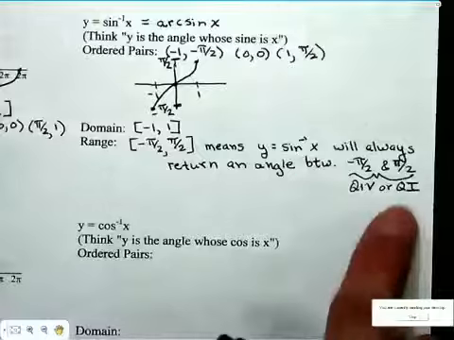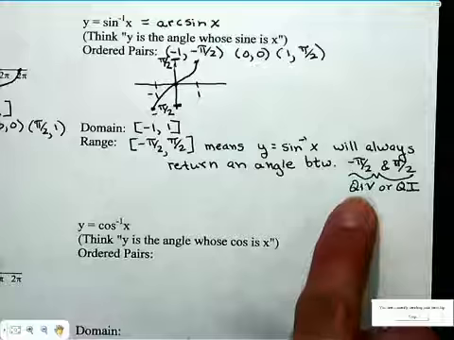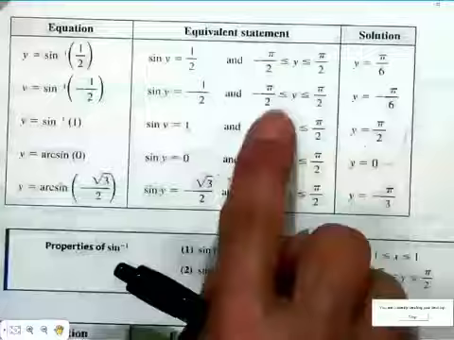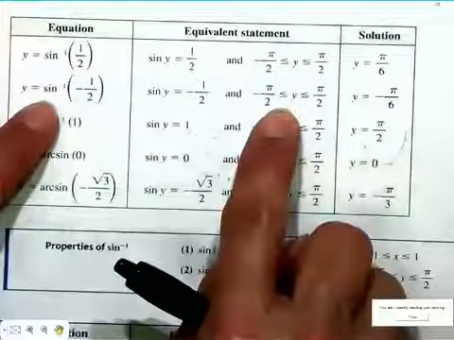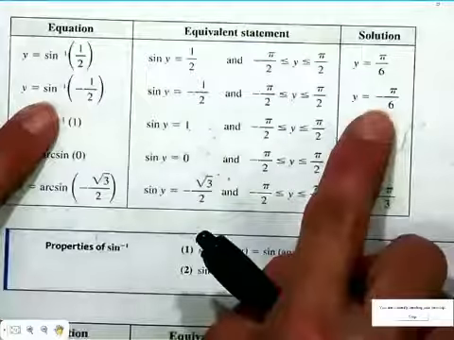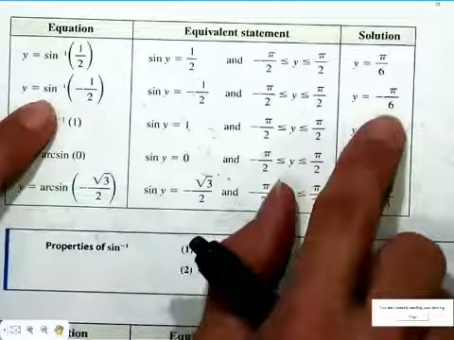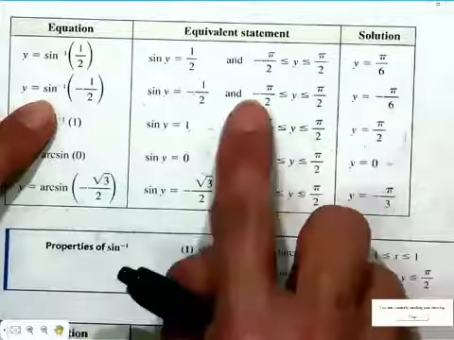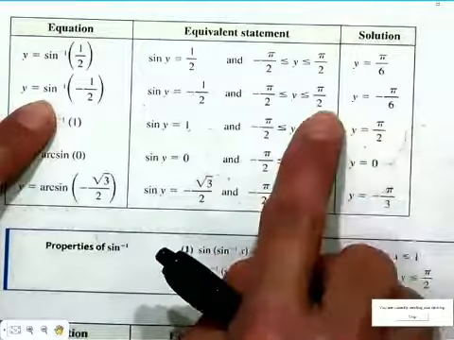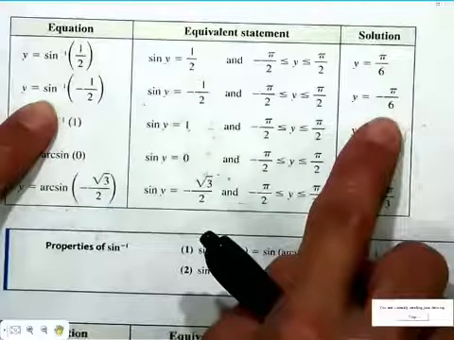Inverse sine is always going to give us a first or fourth quadrant angle. It's never going to give us a third quadrant angle. So we need the fourth quadrant angle where sine is negative 1/2, and that's negative pi over 6. Now, negative pi over 6 is the same as 11/6 pi, but we have to write the answer as an angle between negative pi over 2 and positive pi over 2. That's why we write the angle as negative pi over 6 instead of 11/6 pi.